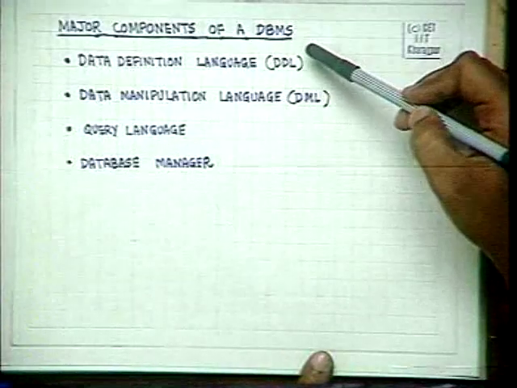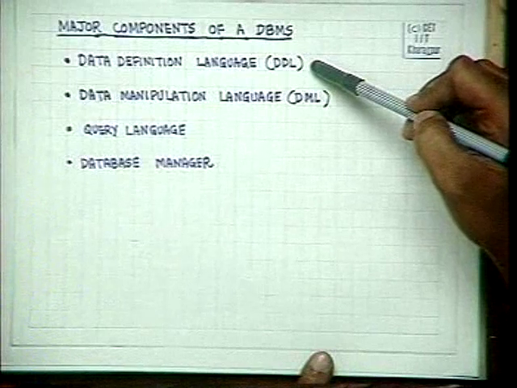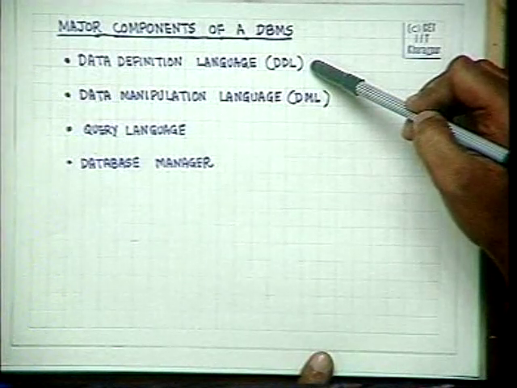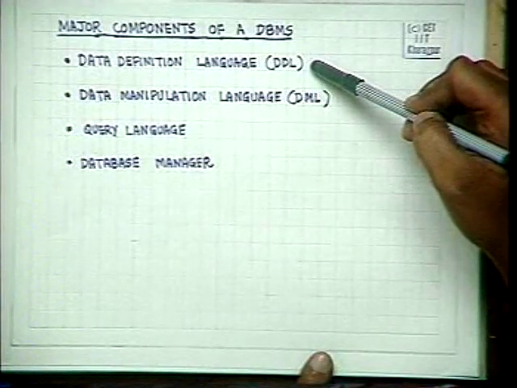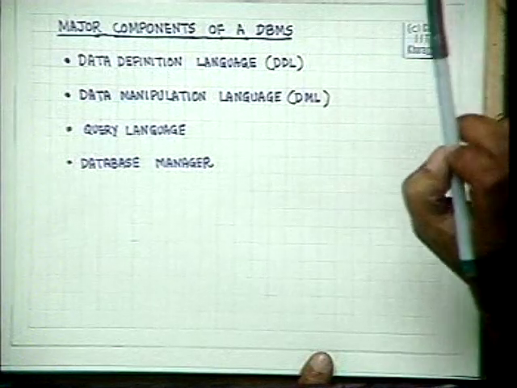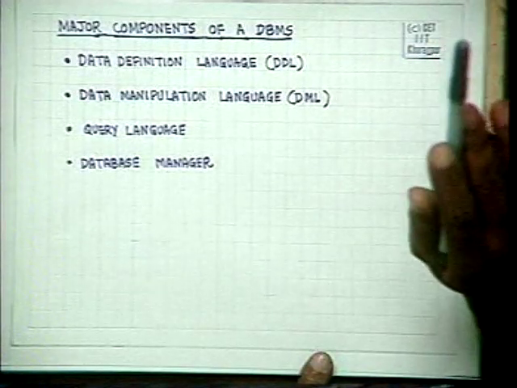In order to be able to define and use the data, a database management system must have a data definition language. A data definition language is a language in which you are able to define your database structure. What is the database? What are the data that you require to store in the database? What are their structures?